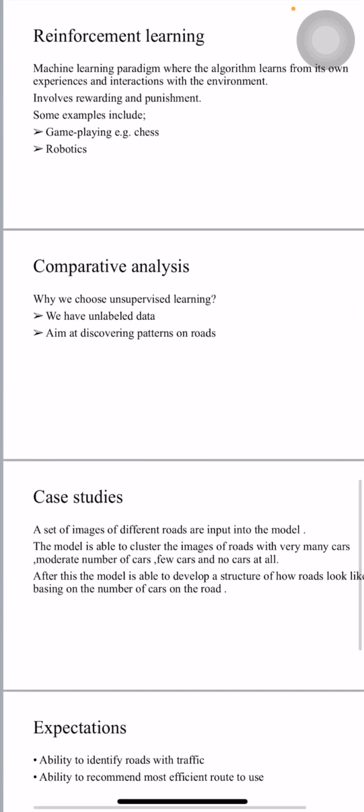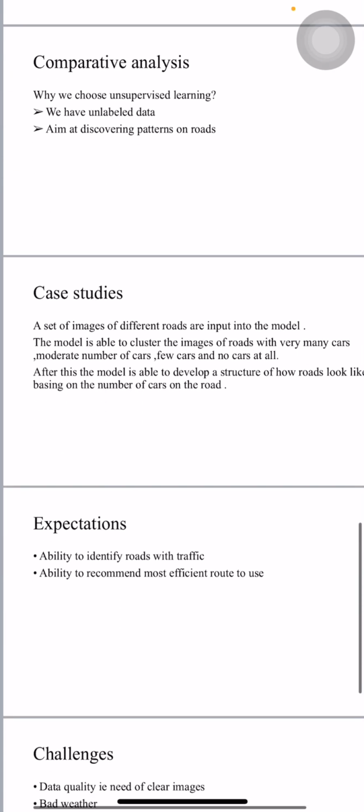So if we're to compare all those methods for our comparative, as I had said earlier, unsupervised learning would be the best solution that we may have, since the data that we have is unlabeled and we are aiming at discovering patterns in it. So for our case study, a user inputs coordinates of the places that they want.